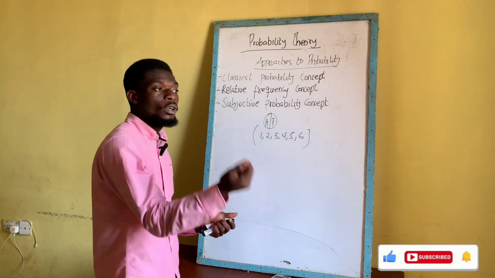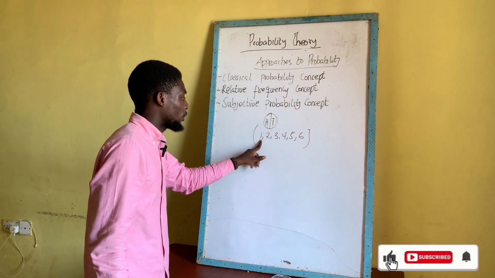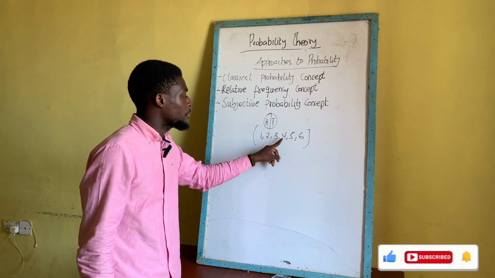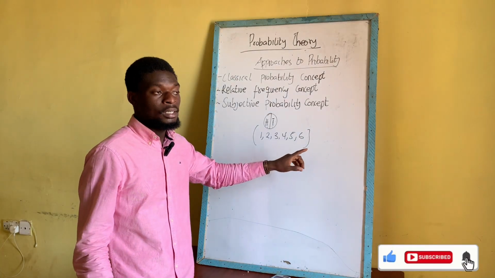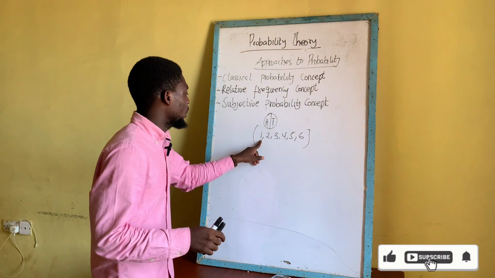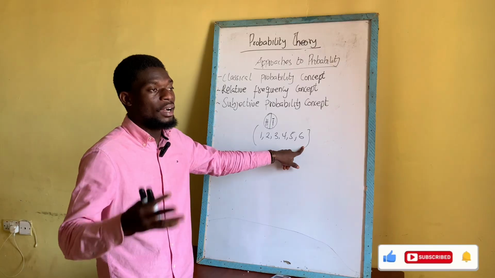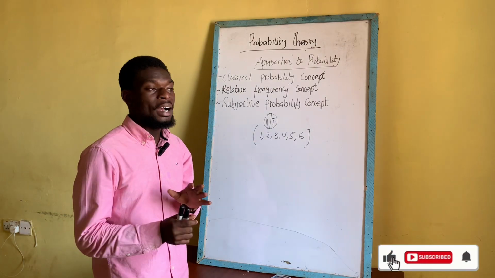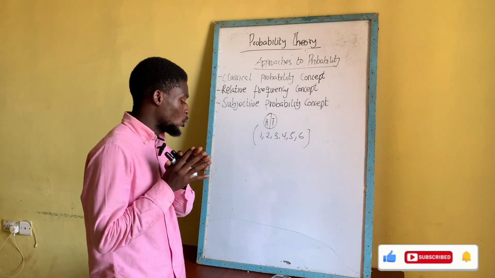So if you roll a die, you can either get a 1, 2, 3, 4, 5, or 6. None of the numbers here is having an upper hand over the other. They are all equally likely to occur.